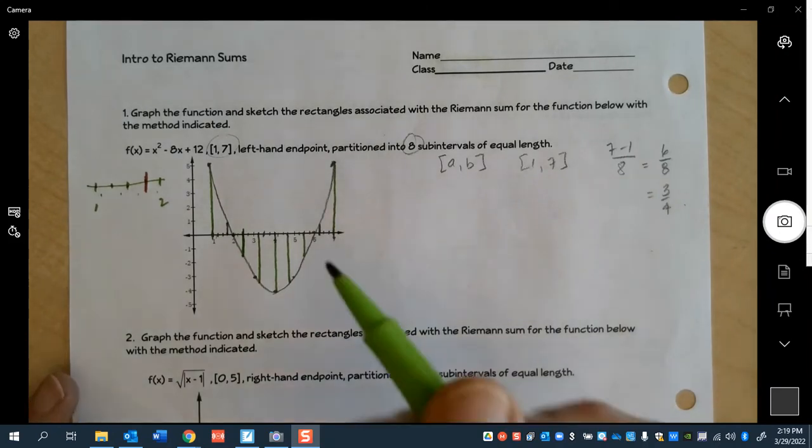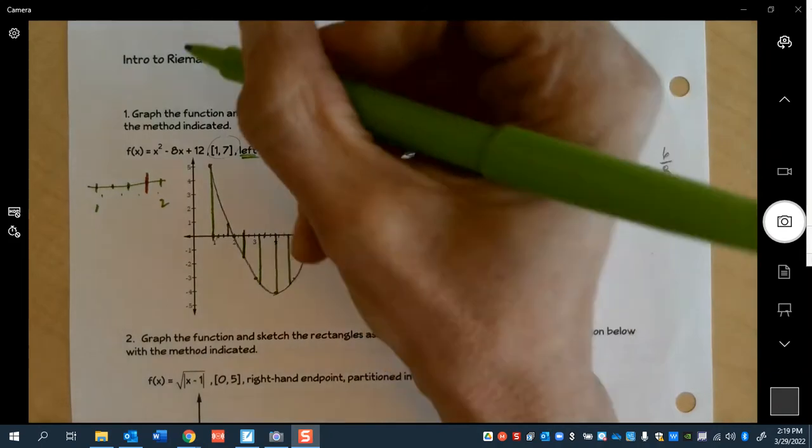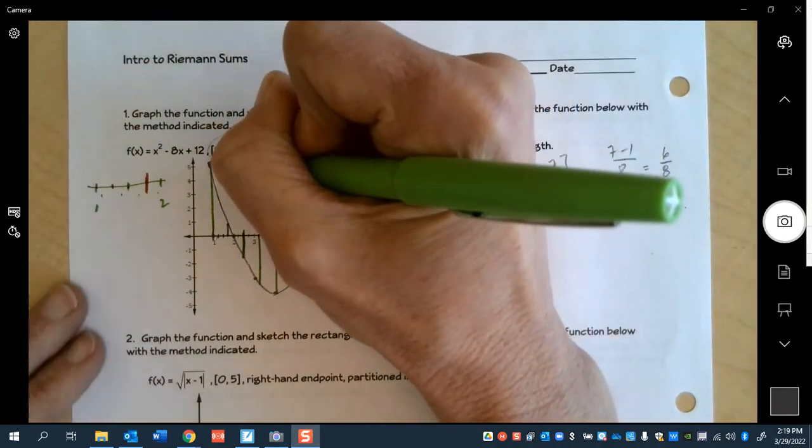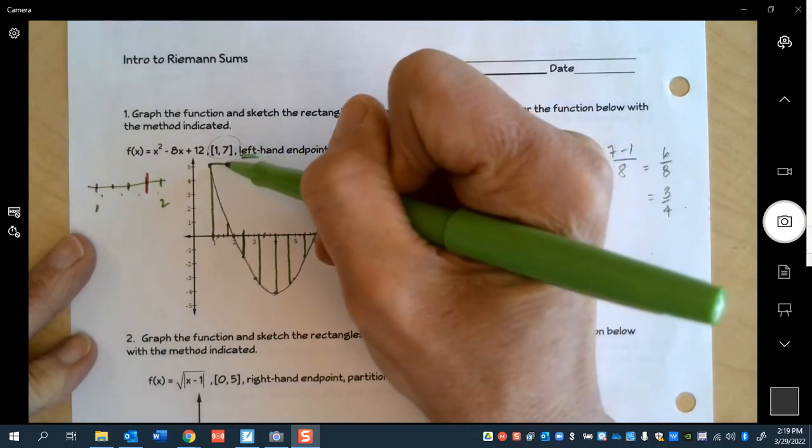Now it's time to go look at whether they said left or right hand. So with the left hand sum, I'm going to mark my left hand, and there's the box that I draw.